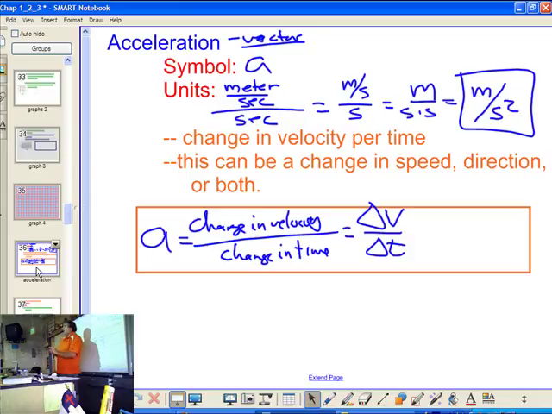Just because you have negative acceleration doesn't mean it's not going to get bigger. If the motion and acceleration have the same sign, either both negative or both positive, it gets bigger. If they're opposite, it's going to get smaller. This especially comes up when we deal with things falling.